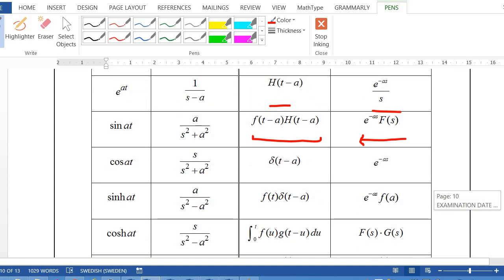The second term has the same F(s) as the first term, only multiplied by e to the negative 8s. So the result is f(t minus 8) h(t minus 8). It takes f(t) from the first term, so t is replaced by t minus 8, multiplied by h(t minus 8). Applying the second shift property, we have f(t minus 8), where the t is replaced by t minus 8, multiplied by h(t minus 8).